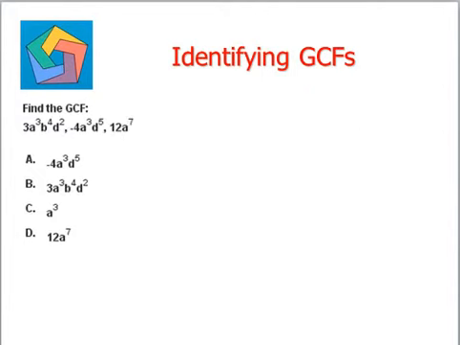Next question, find the GCF. Here we are given three expressions: 3a cubed b^4 d squared. The other is negative 4a cubed d^5, while the third monomial is 12a to the power of 7. For the first number, 3, the factors are just 3.